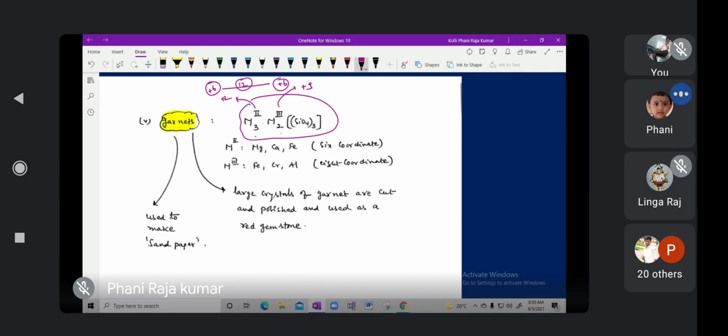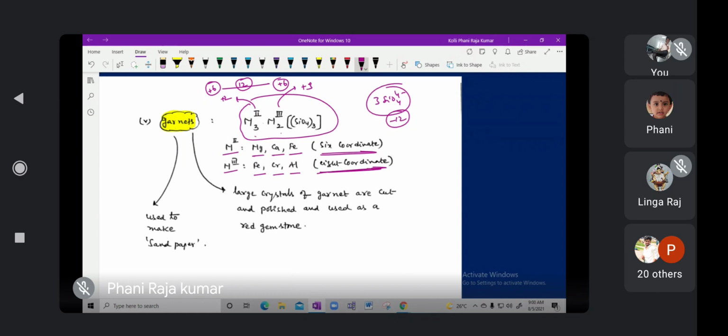SiO4 taken thrice means 3 SiO4 4 minus units, so the negative charge is -12. You have to balance the charges. A few examples: +2 oxidation state metals magnesium, calcium, iron, having coordination number 6, and +3 oxidation state metals iron, chromium, aluminium, having coordination number 8.